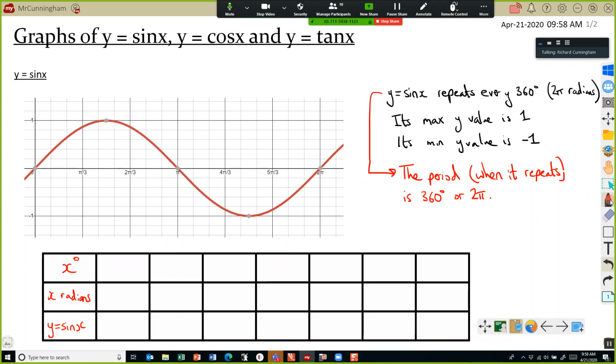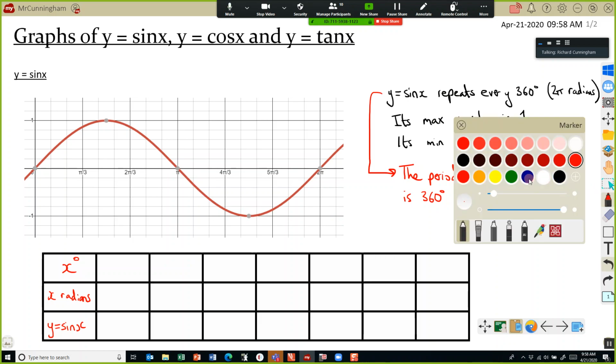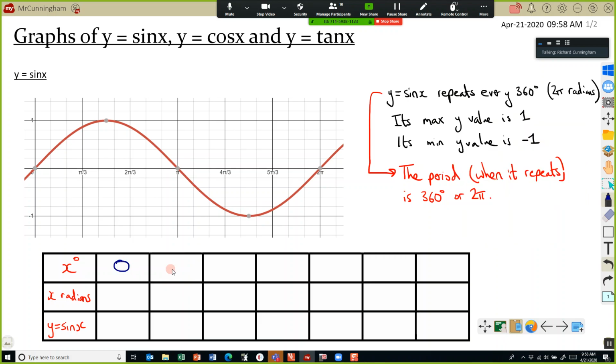Some of these you know already. Start off with 0 degrees, then 30 degrees, 45 degrees, 60 degrees, 90, 180, 270, and then 360.